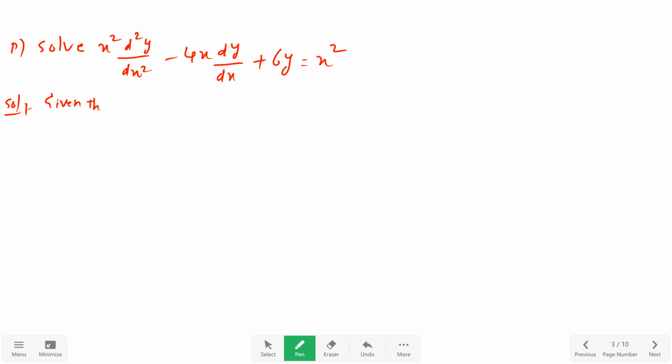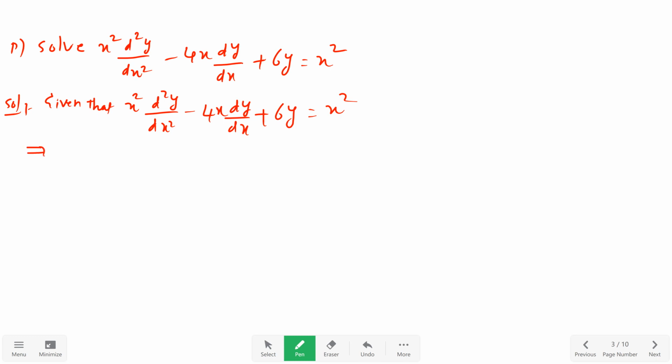The given equation is x square d square y by dx square minus 4x into dy by dx plus 6y is equal to x square. First step: this Cauchy's linear equation can be written in differentiation operator D form.